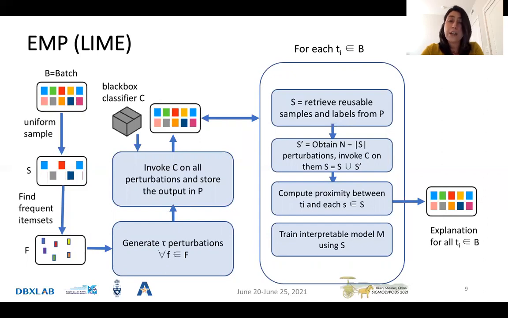Now, for each item in the batch, we retrieve the reusable samples and labels from the storage, and if there are more samples required, we only generate the required samples and call the black box classifier to label them, and then compute proximity between these labeled samples and the original data point, train the surrogate function, and generate explanations.